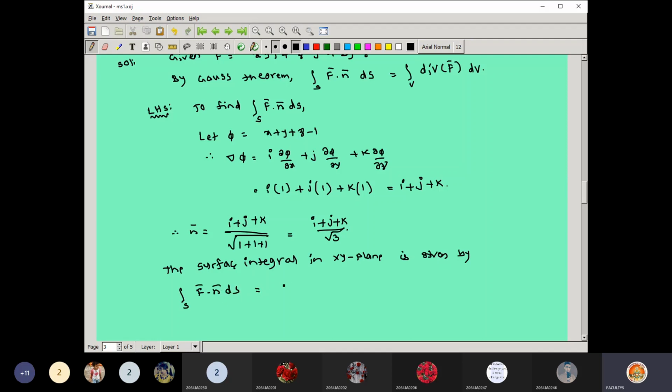I think you know the formula. It is the xy plane, so I can write f bar dot n bar divided by the modulus of n bar dot k, the z axis vector, and it is dx dy.